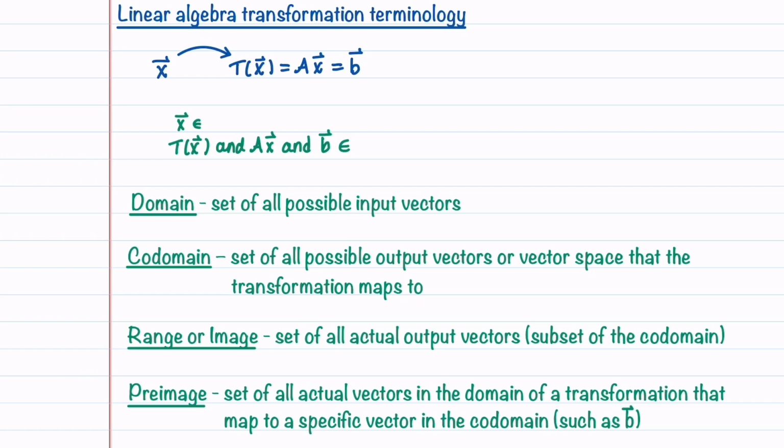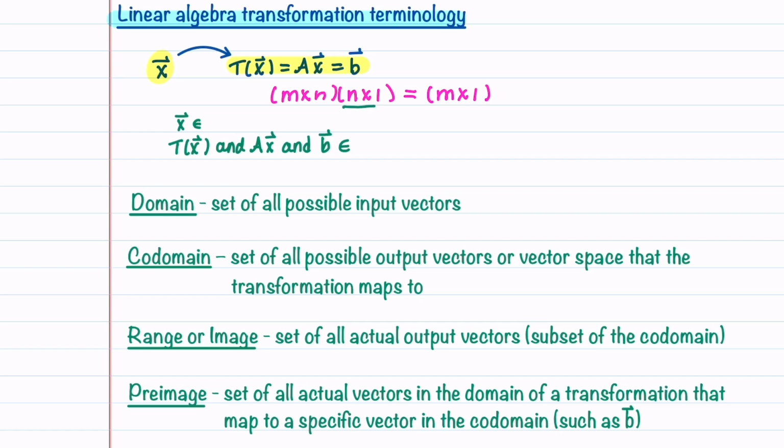Let's now look at these same three terms in the context of linear algebra. Our transformation maps x to T of x, or Ax, or b. Let's remind ourselves that A is an m by n matrix, x is an n by 1 column vector, and then T of x, or Ax, or b is equal to an m by 1 column vector.